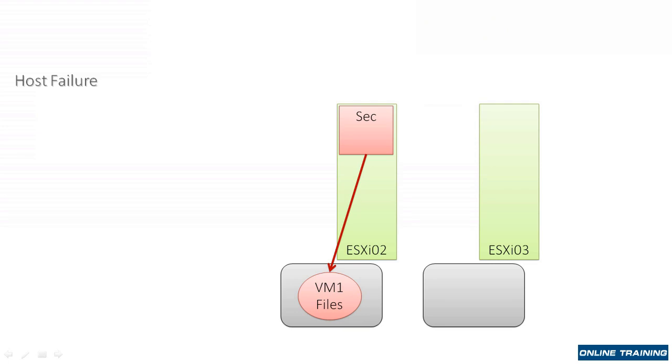Well, what's going to happen at that point is the secondary instance on ESXi02 will immediately take over, will become the primary, and then to re-protect itself, a new secondary instance will be spawned on some other ESXi host. So now, even if ESXi02 fails, there's still that level of protection there for that virtual machine.